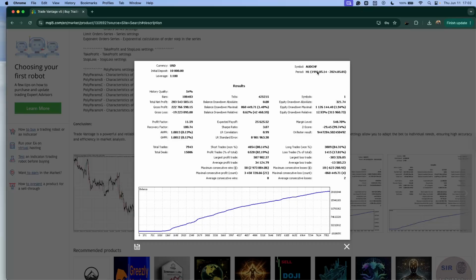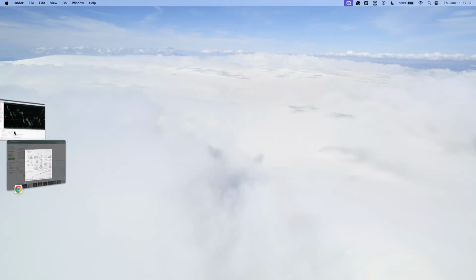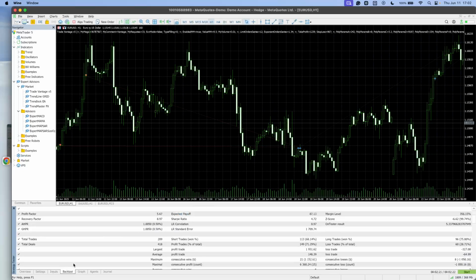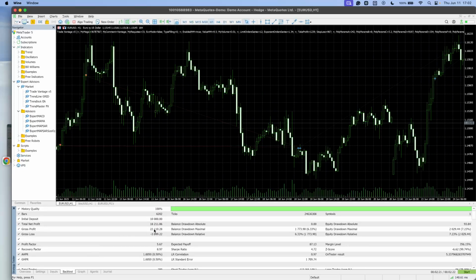Now, this is a very long period to backtest this expert advisor, so I had the opportunity to run my own backtest on MetaTrader 5 on EURUSD on the 1-hour time frame from June 2025 to June 2026 with a $10,000 deposit. The total net profit was around 18.2 thousand, which is very, very impressive.